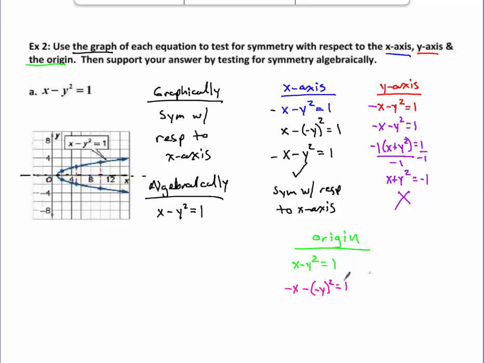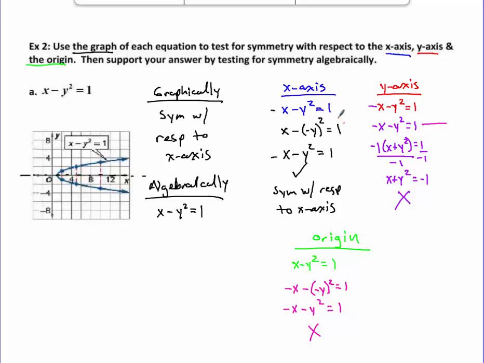We have symmetry with respect to the origin. So this is negative x minus negative y squared is y squared. And this is starting to look a lot like what we had up here. We could do all that manipulation, but we're never going to get it back to what we need it to be. So this one also is not symmetric with respect to the origin.